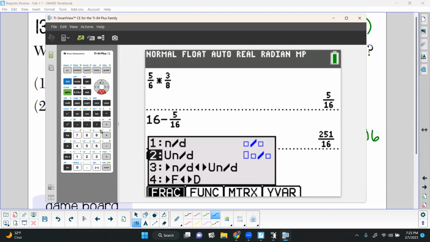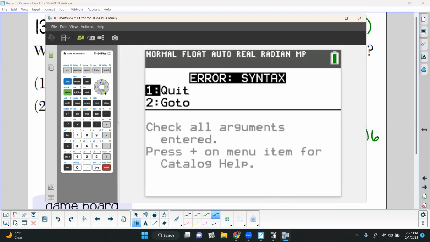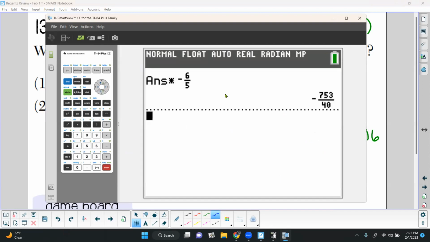Negative 6/5. Oh no, what did I do wrong? Oh, I pressed the subtraction sign instead of the negative sign. There we go. Negative 6/5. Yikes. 753 over 40.